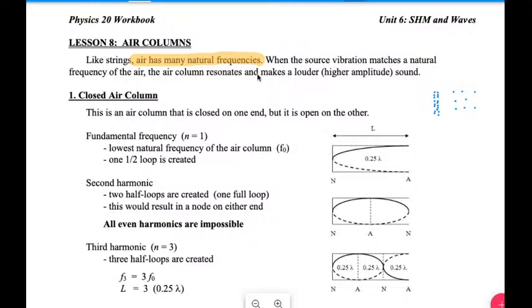All right, so when our source vibration, and we can have lots of different forms of that, we can have vocal cords of somebody singing or even talking. We can have tuning forks, and you can ring them and they will vibrate at a certain frequency. So the source vibration would be the ringing or the vibrating of that tuning fork, right?